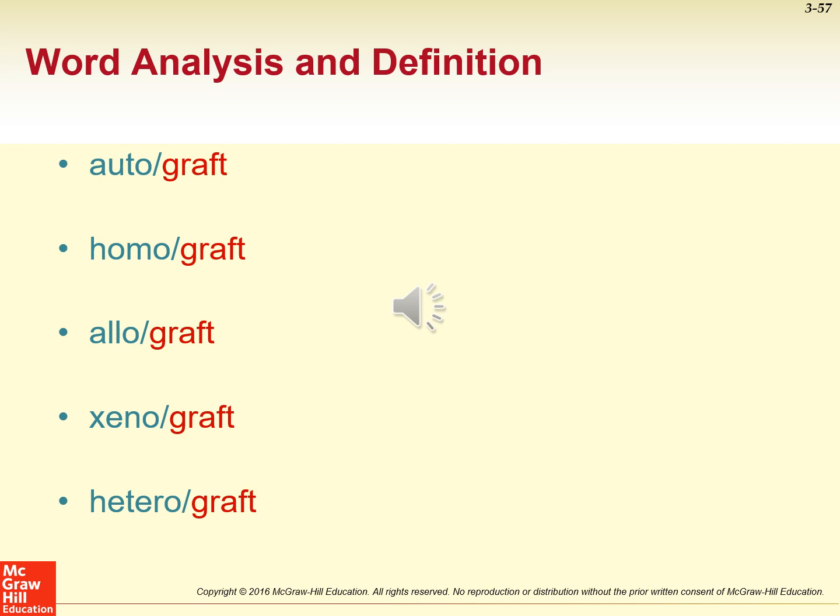Like homogeneous, right? Allo means other. Xeno means foreign. Hetero means different. Which of these prefixes share common definitions? The answer is allo and homo.